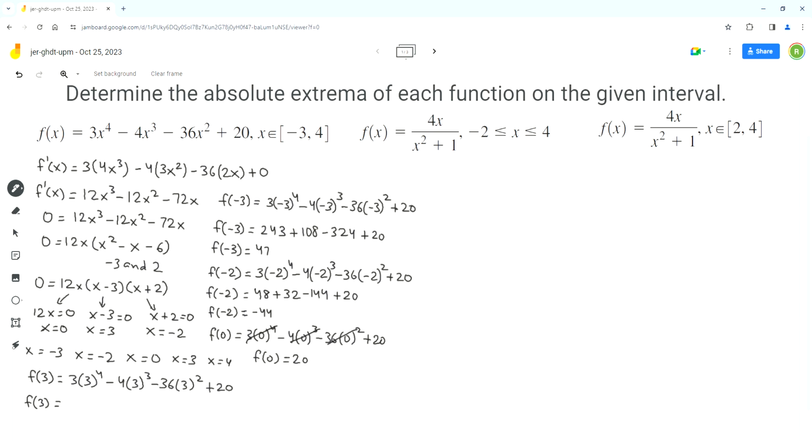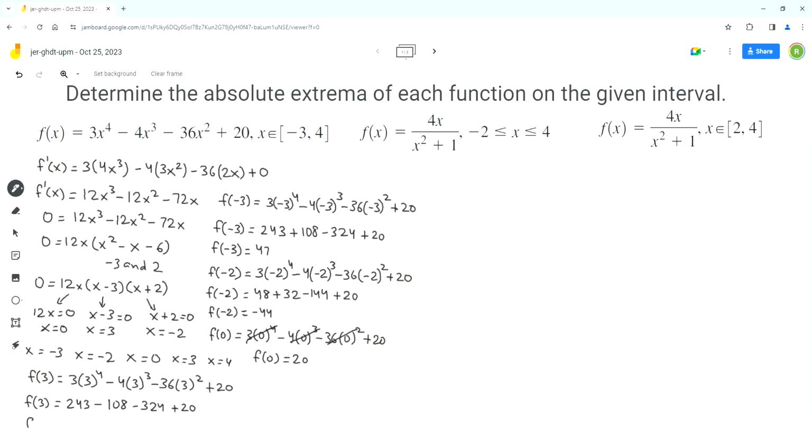So 3 times 3 exponent 4 is equal to 243. Then minus 4 times 3 exponent 3 is equal to 108, and then minus 36 times 3 squared is equal to negative 324, and then plus 20.